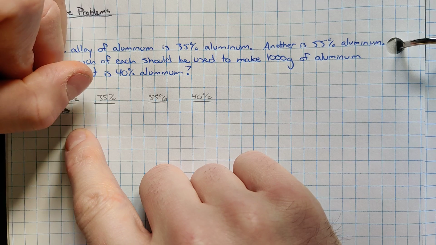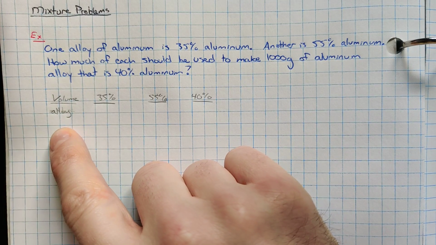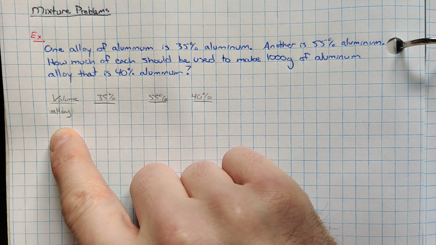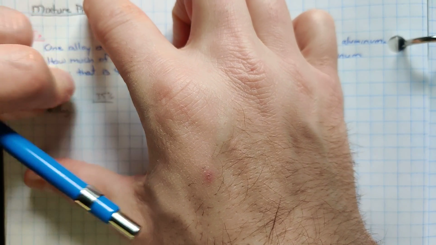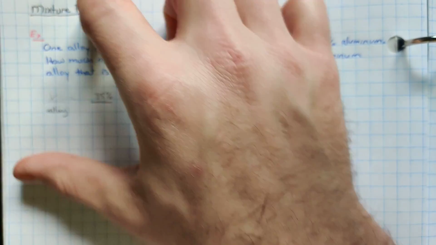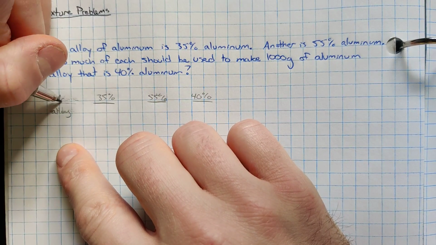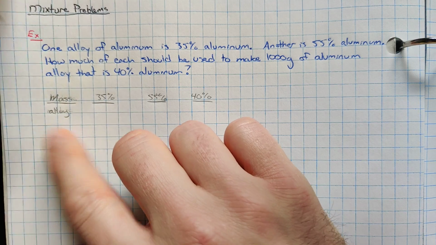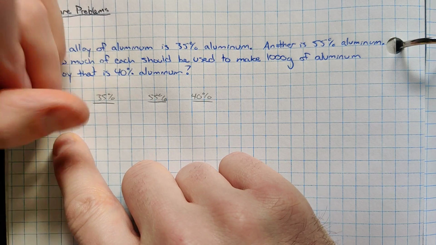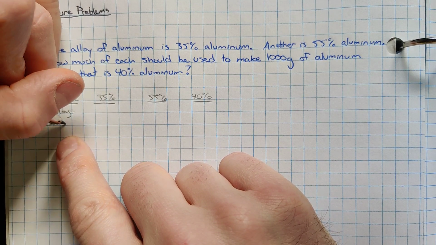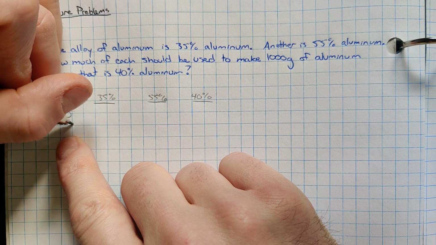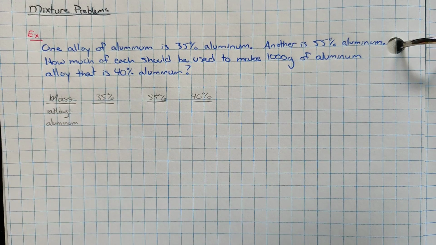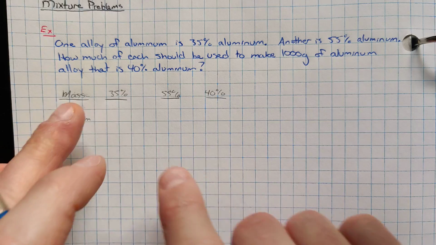So the volume of the alloy, or sorry, mass. This is mass in this case. And then the mass of the aluminum itself in each one. Okay, so we're looking for the total mass.